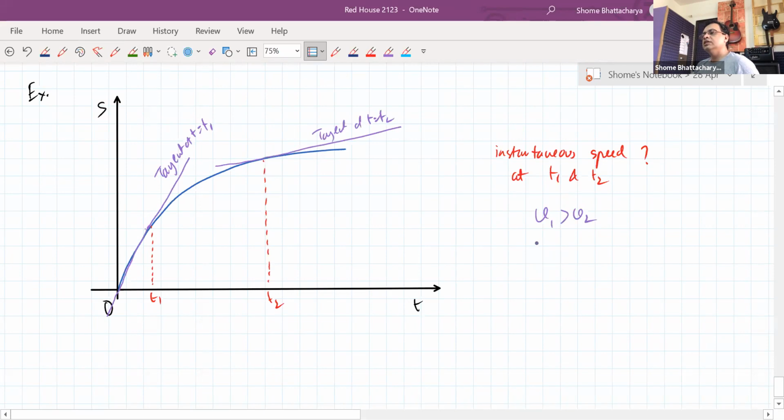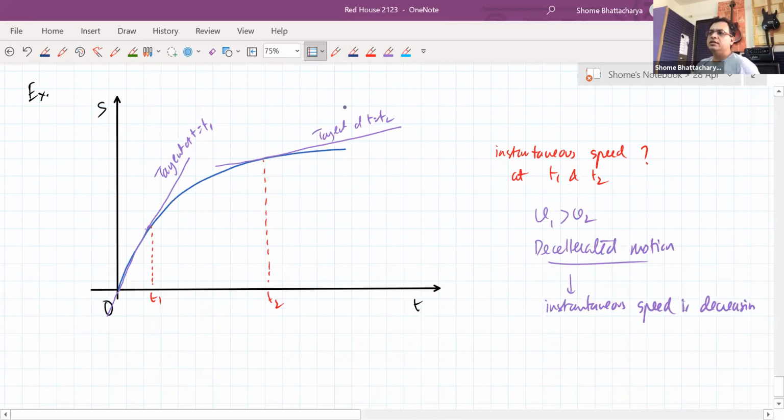So it's a decelerated motion. Speed is decreasing continuously. In fact, even if we take average speed for equal intervals of time, even that will be decreasing. But the point over here is about instantaneous speed, it's decreasing.